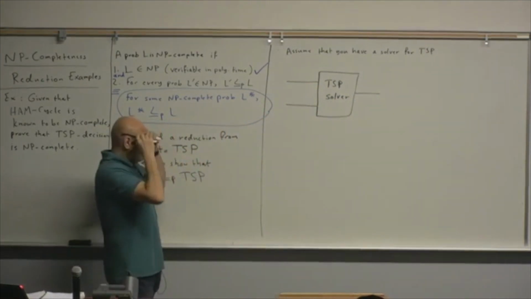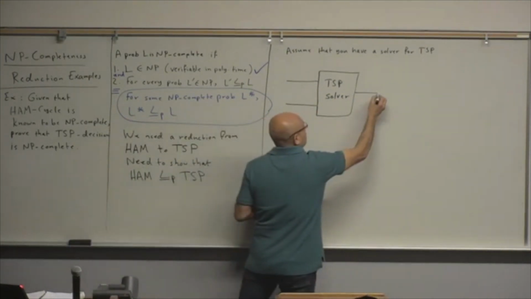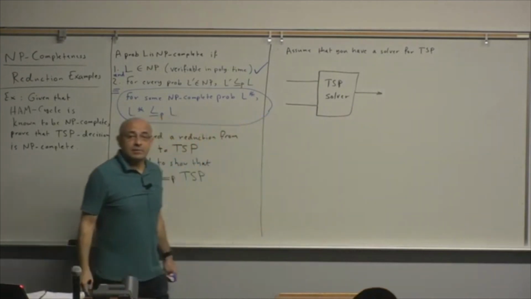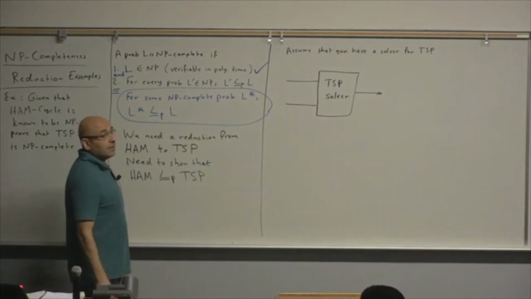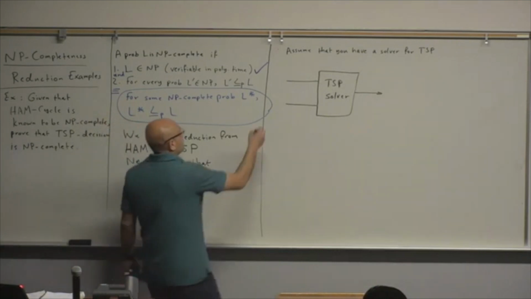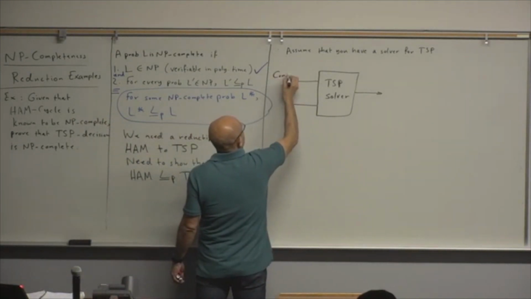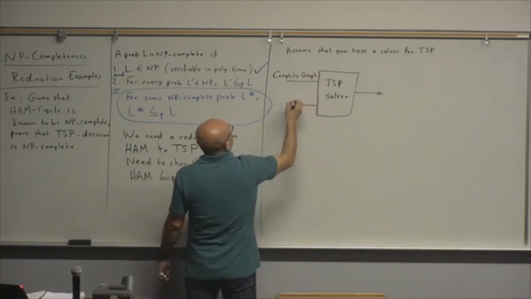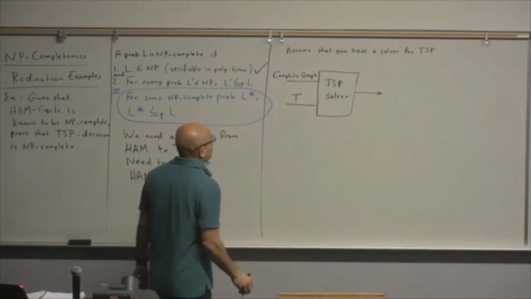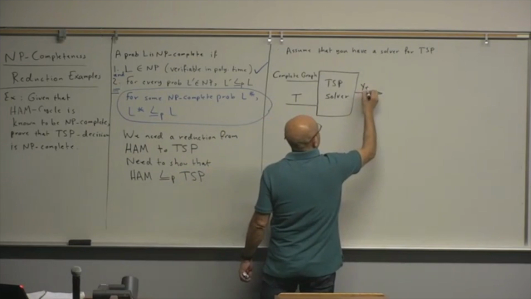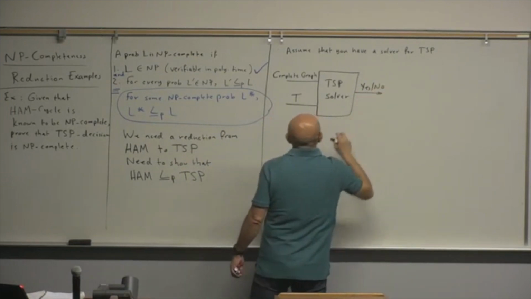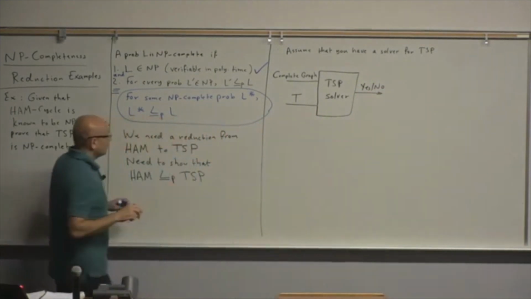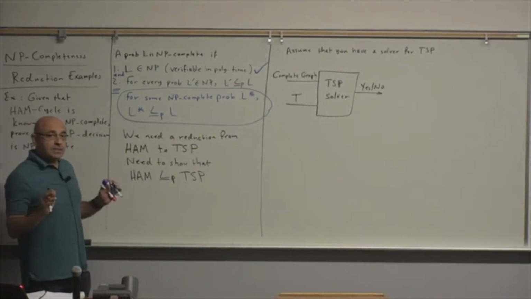Now what's the input to the TSP solver? A graph. What kind of graph? Complete graph. And a target. Okay, great. And it gives you a yes or no. Now, the question is, I am given a TSP solver.